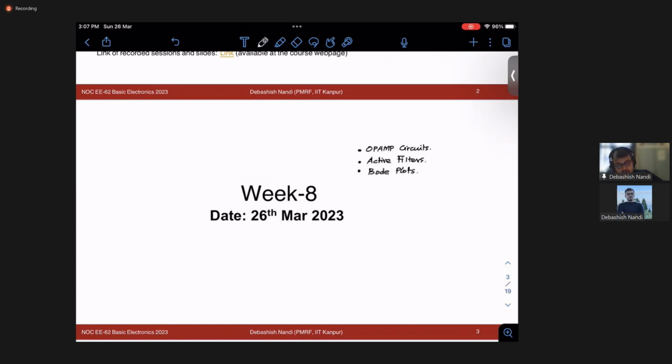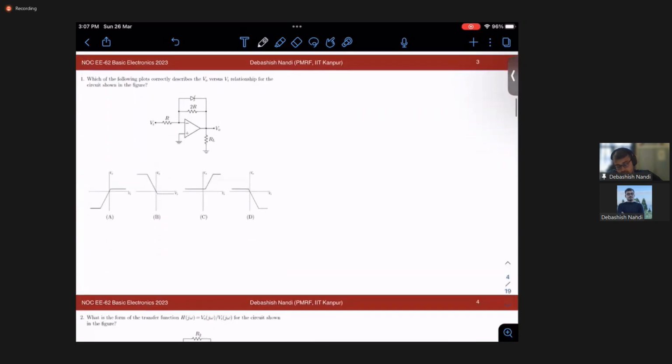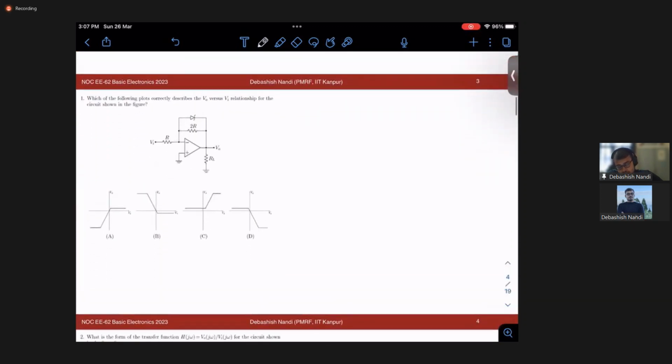This is a very important concept. You might have read it in a control system course, but it is very much essential in any circuit analysis, right? So let's move along with problem number one.